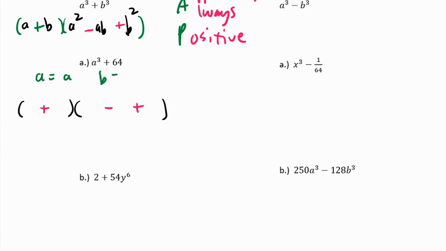My b is going to equal the cube root of 64, which is 4. So then I have a plus b, so a plus 4. Square my a, multiply them together. Square the b, 16.